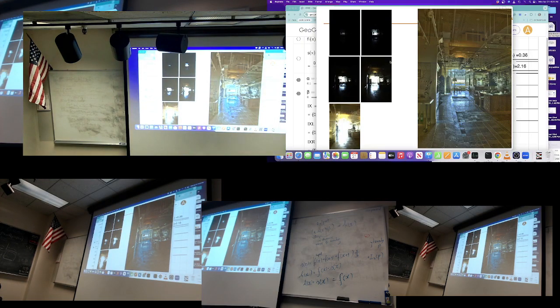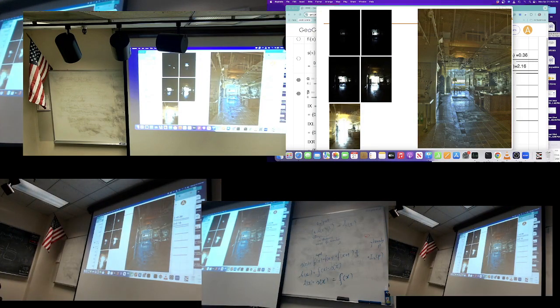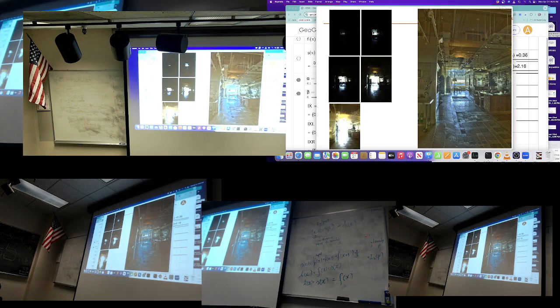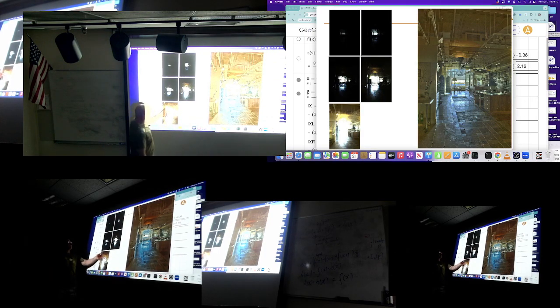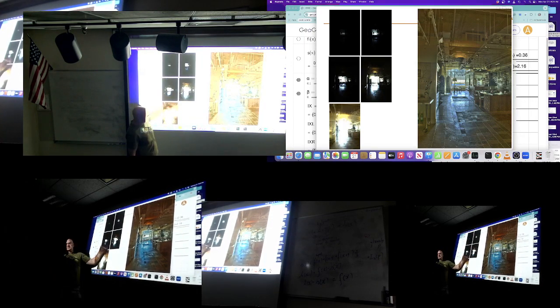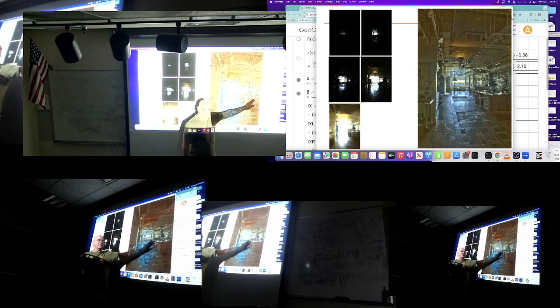Another beautiful example: the original image that we cannot see, way too overexposed or way too underexposed. Then the algorithm that I showed you, that's the result.